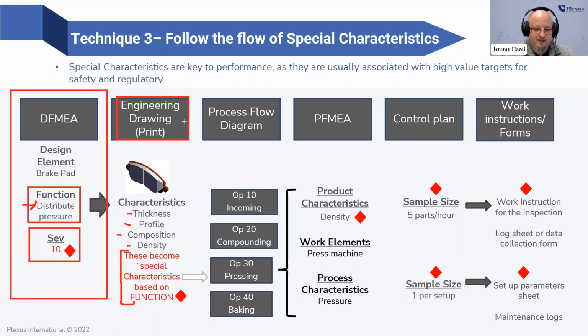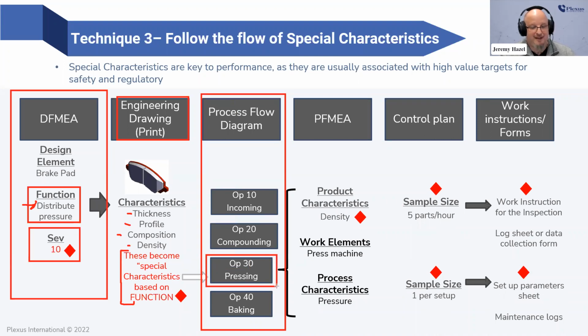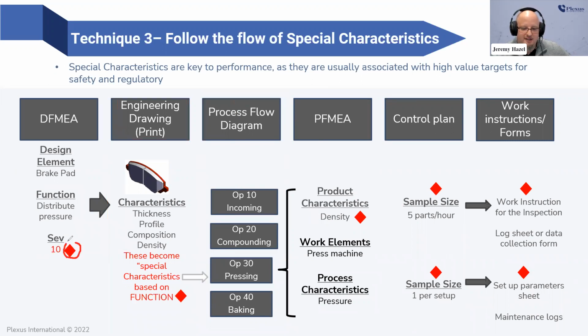Now what we do is we come in and we go to the process flow diagram and we identify the stations, back to that characteristics matrix, where those characteristics are shown. From there, we go to the PFMEA and we look for the product characteristic of density being there. And you see this little red diamond?